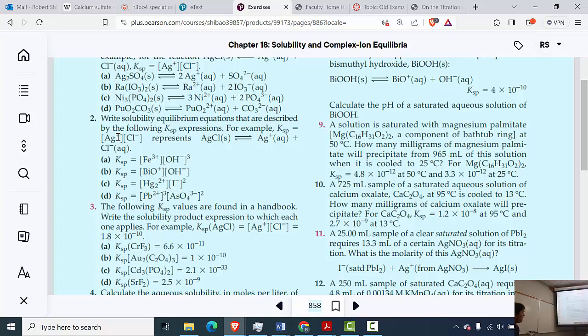This one they don't call oxidobismuth. This is called the bismuthyl ion. And so the equation for this would be bismuthyl hydroxide, BiOOH solid goes to BiO+ plus OH-.